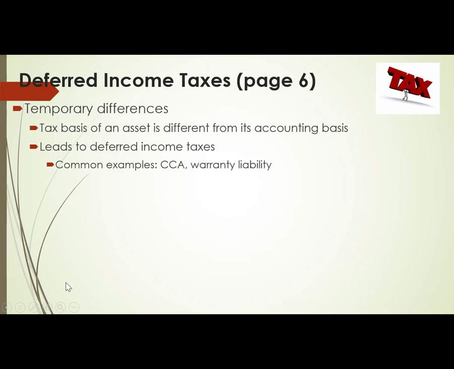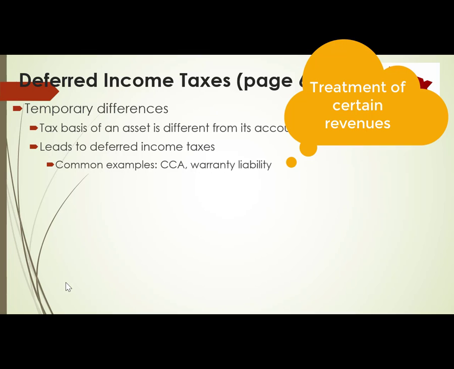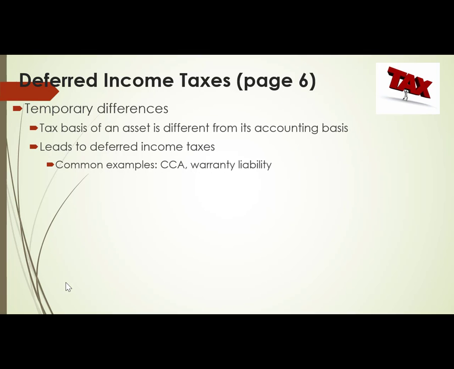A temporary difference is where the tax basis of an asset or a liability is different from its accounting basis. Common examples are CCA and depreciation, and the tax and the accounting treatment of a warranty liability. They are very different, and so they can result in a temporary difference, which is going to result in a deferred income tax.